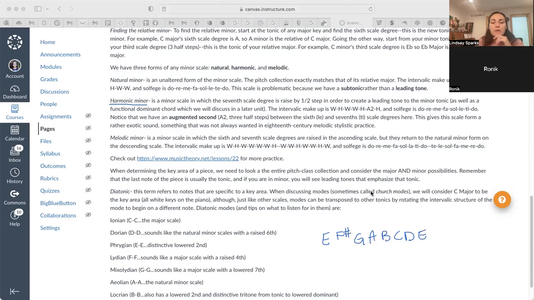If we took that mode and we wanted to create a leading tone, we would have to raise the D and make it a D sharp. Okay, so adding that sharp, I'm going to do this in a slightly clearer way. Adding that sharp creates a leading tone for us. And once we have a leading tone, we can have a functional dominant, which leads us to the right harmony.